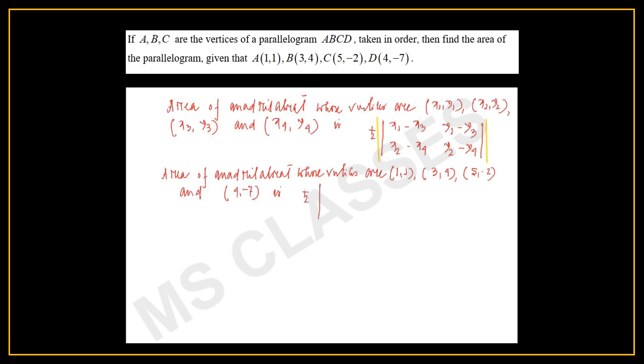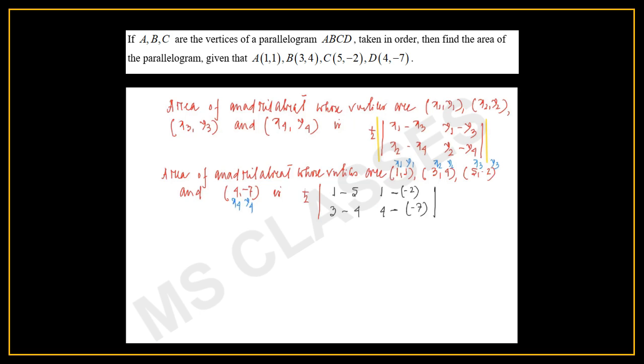We can think that this is x1, y1, x2, y2, x3, y3, x4, y4. So x1 minus x3, and then we have x2 minus x4. Here y1 minus y3, so minus of minus 2. Next, y2 minus y4.